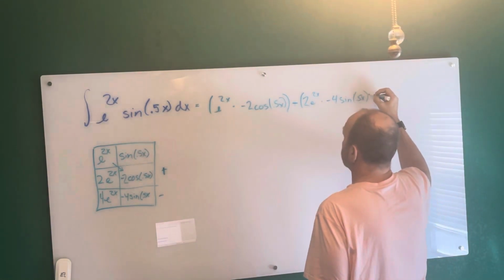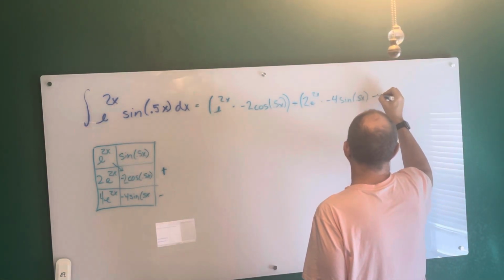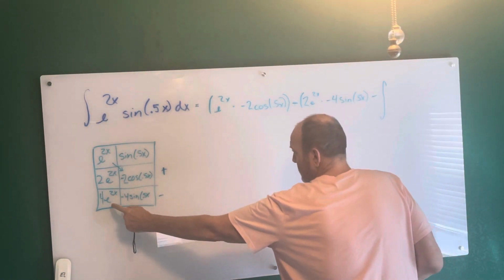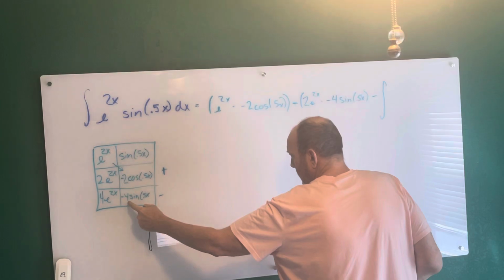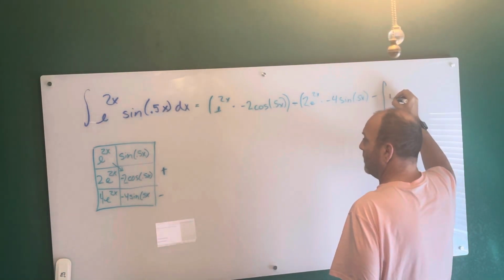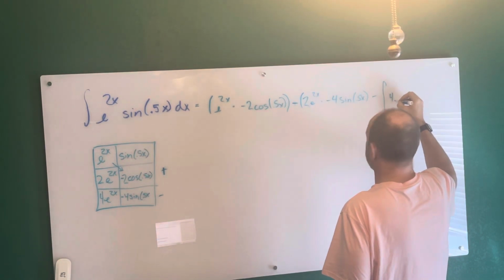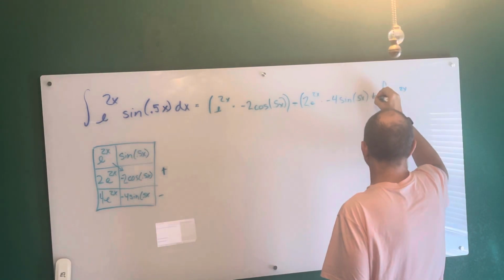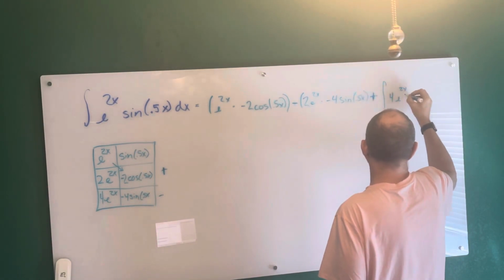All right, and then we're going to subtract, this is v to u right here. So this is 4e to the 2x times this. So that is going to be 4e to the 2x. Well, I'm sorry, I said it's minus, it's actually plus.